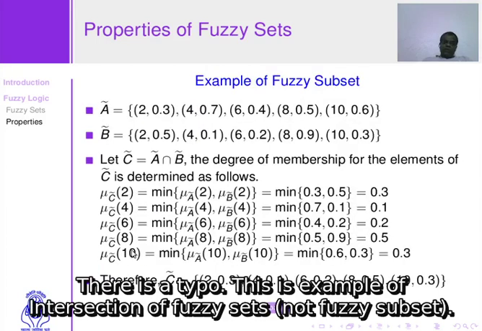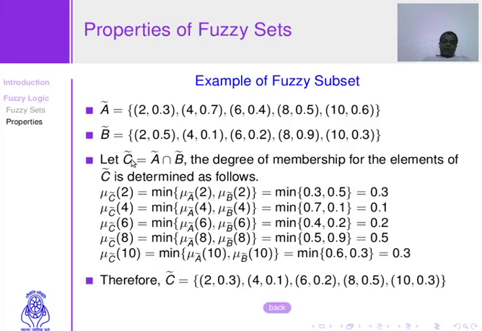Let us consider the example. Again, two fuzzy sets are there, A and B, and let us assume that there is a fuzzy set C which is obtained with the intersection of fuzzy set A and fuzzy set B. So the degree of membership for all the elements in C can be determined as follows. For element 2, take the two values for the degree of membership. In fuzzy set A it is 0.3, in fuzzy set B it is 0.5, the minimum of the two is 0.3.